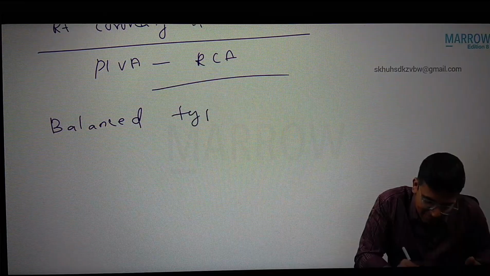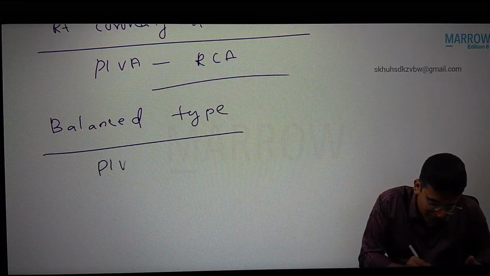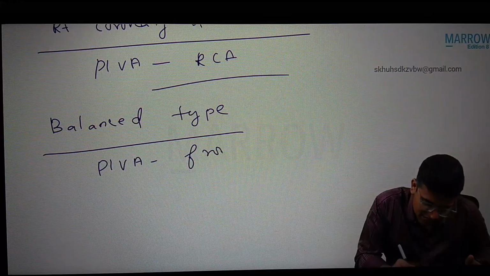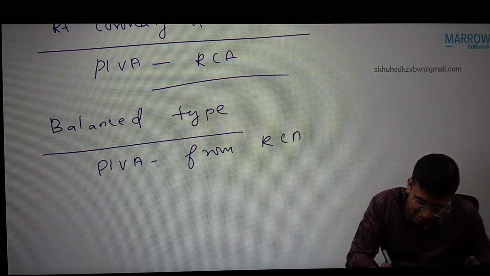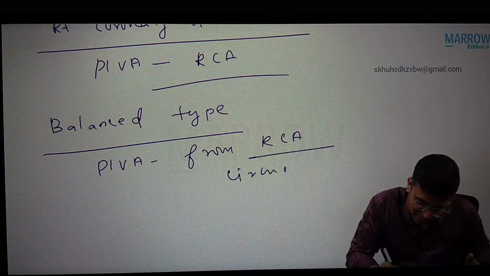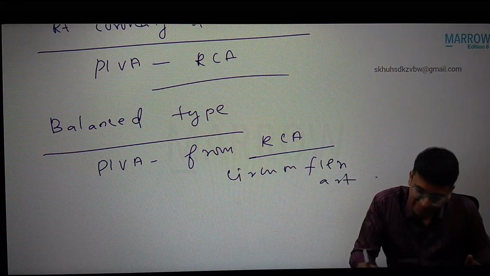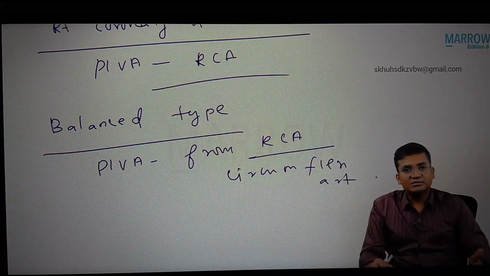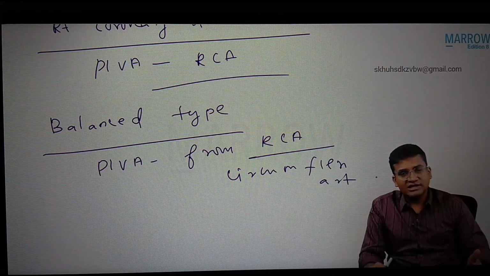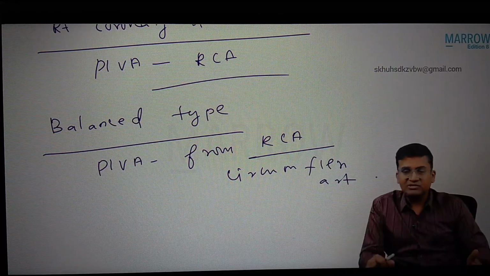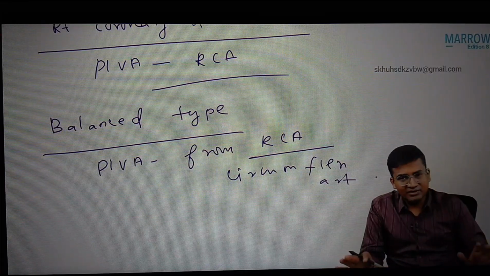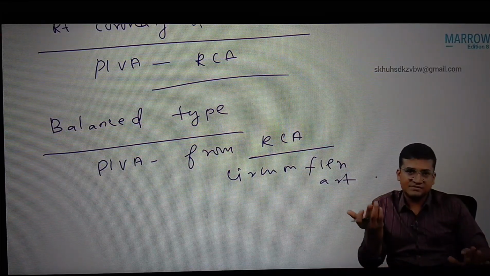Balanced type means the posterior interventricular artery originates from both the right coronary artery and the circumflex artery. Okay, right. So, these are all the branches of the circumflex artery, and by this we are completing the left coronary artery discussion. Clear? Usually the questions are from the branches.